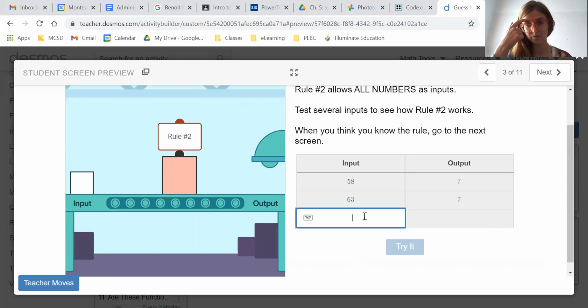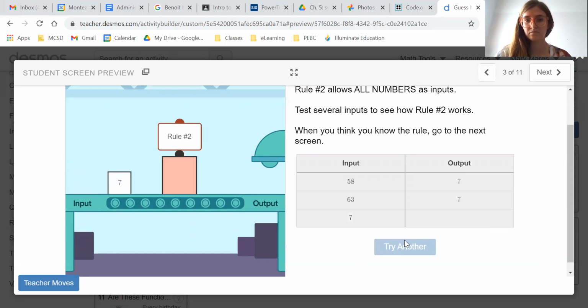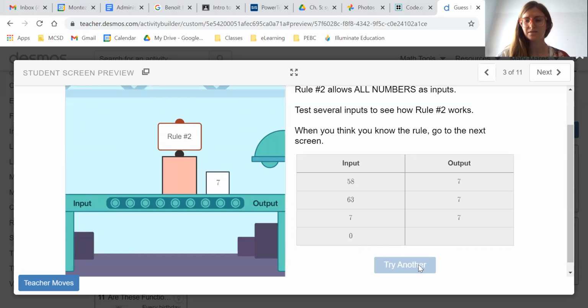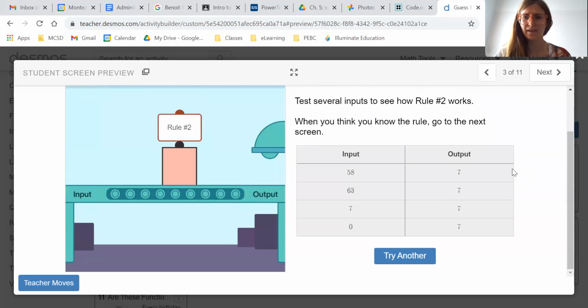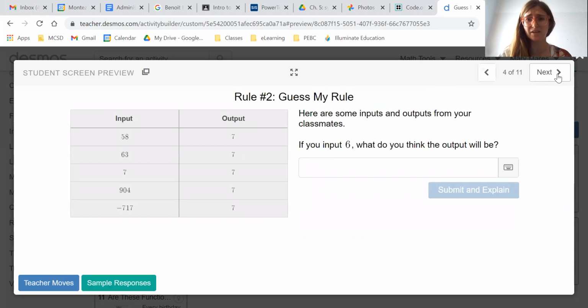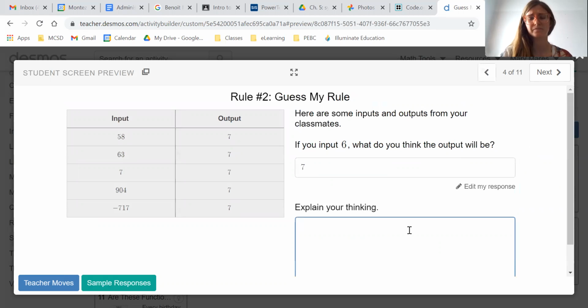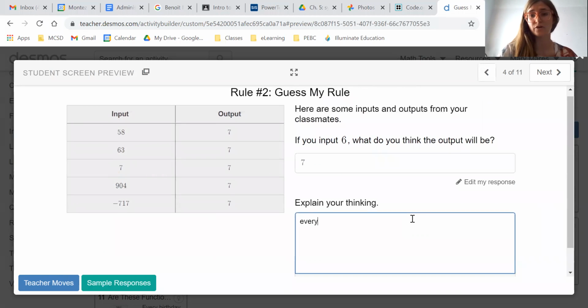How about 7? Still 7. What about 0? Still 7. So I think that whatever I put in, my output is always going to be 7. If I input 6, I still think my output will be 7. Every output is 7.